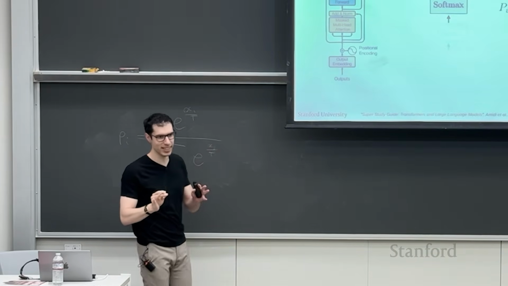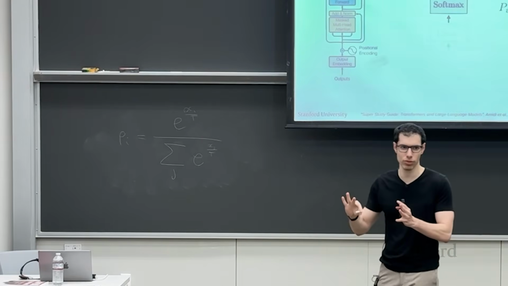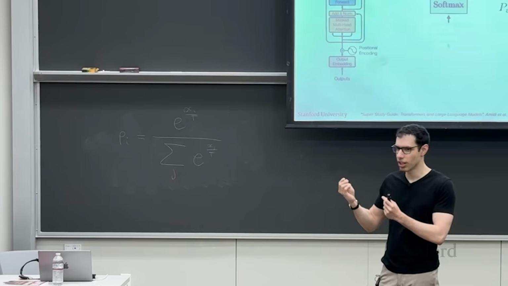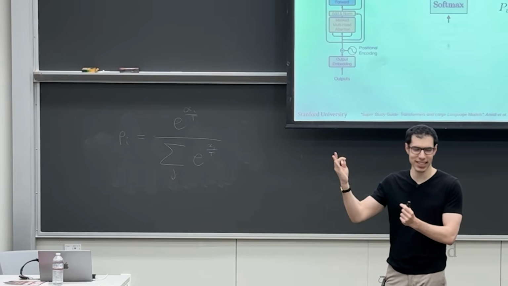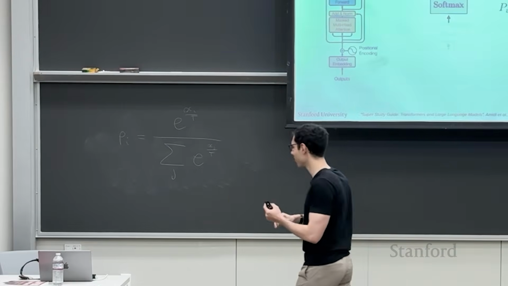Just mathematically, you can actually prove what is happening here. Let's suppose you have the index of the highest xi. Let's call that k.